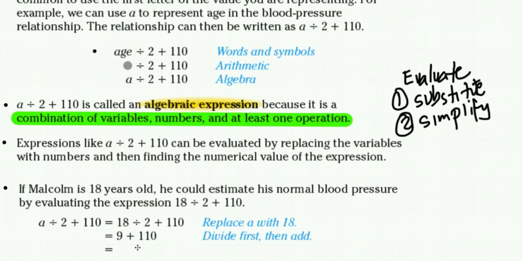Divide first and then add. Then we simply add 9 plus 110. We end up with 119. So Malcolm should have a systolic pressure of 119. Okay, so that should be Malcolm's systolic blood pressure.